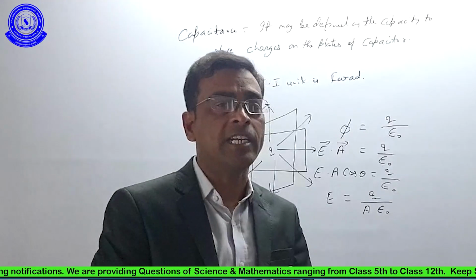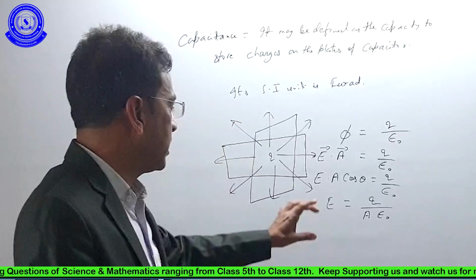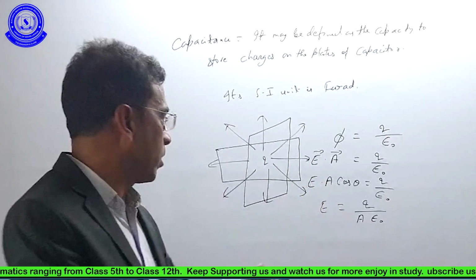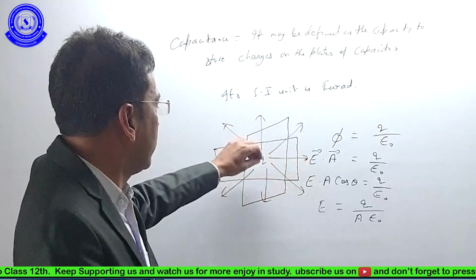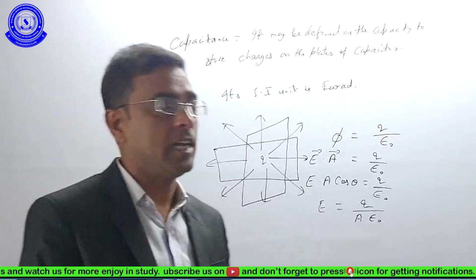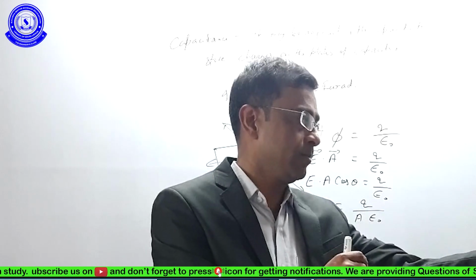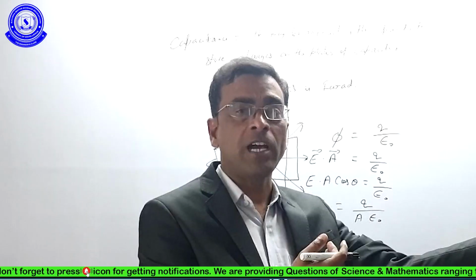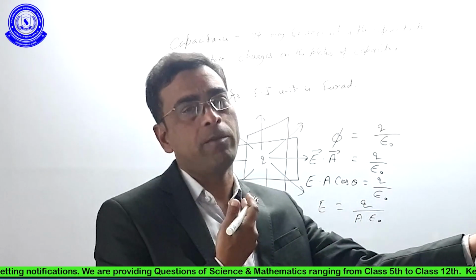Again, this electric field is for the total flux generated through the surrounding surface. But if we have to find the electric field for this plate at this point, then the electric flux that is coming towards me is not countable.